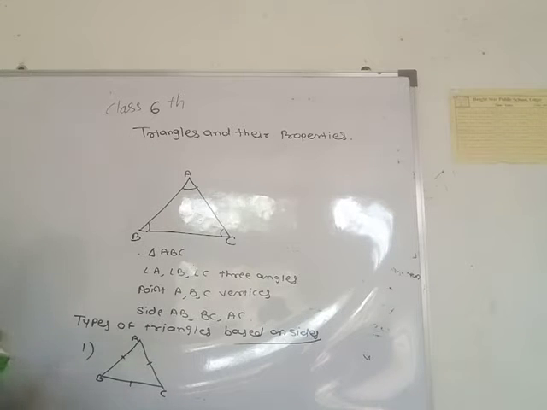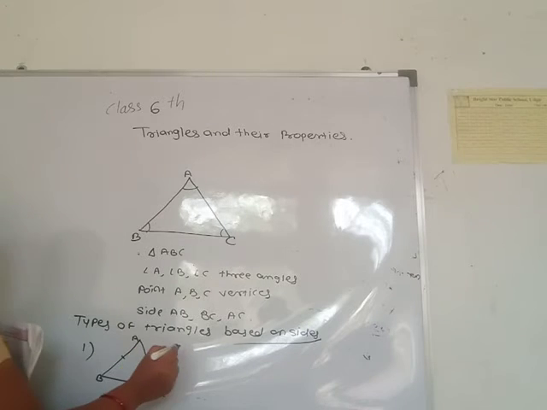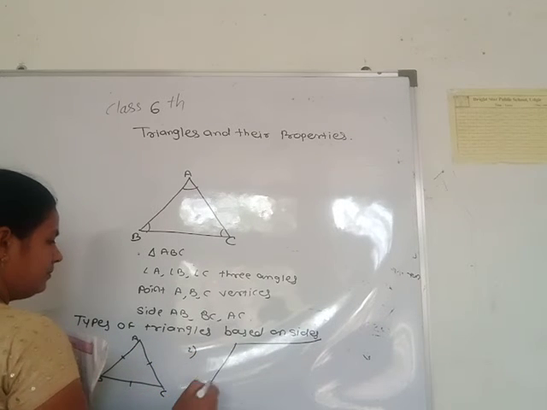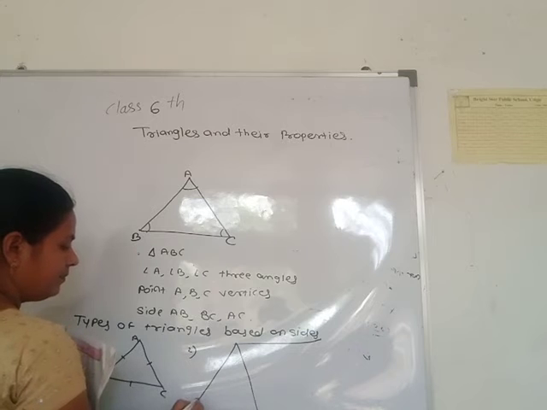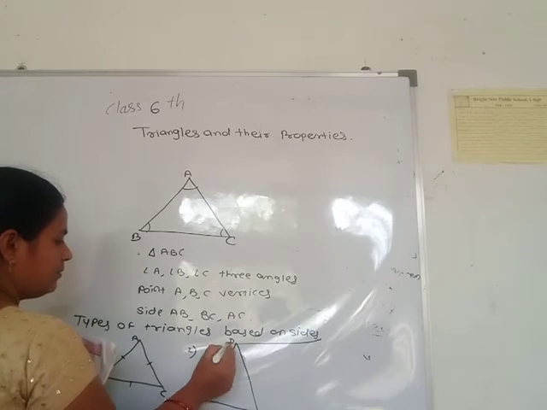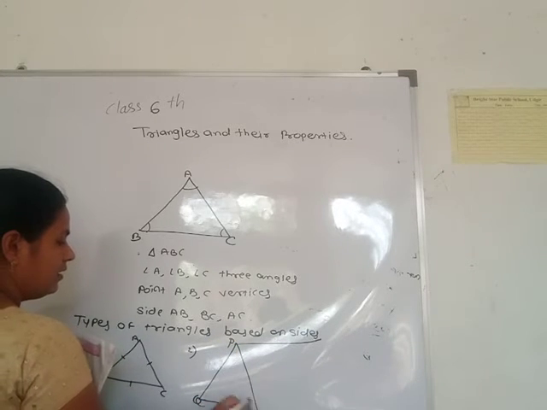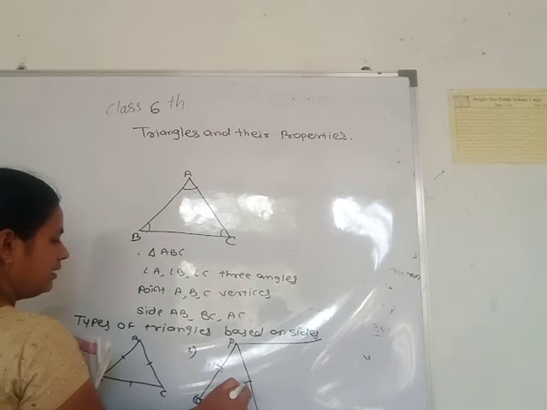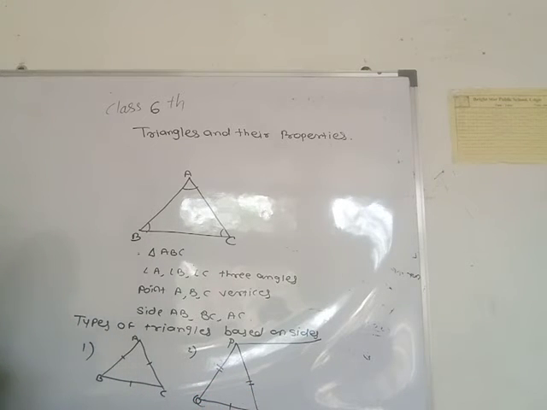Then the second one, the isosceles triangle PQR, here only 2 sides are equal. A triangle with 2 sides equal is called an isosceles triangle.